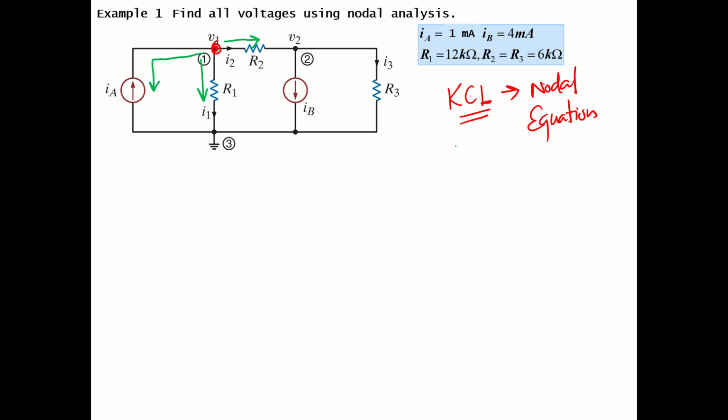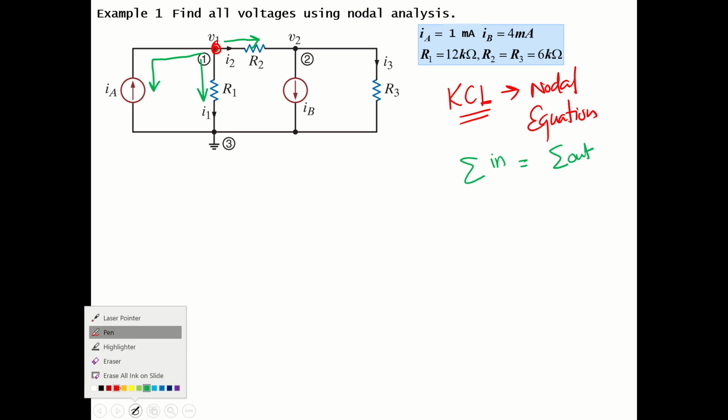Kirchhoff's current law says that the sum of the incoming currents is equal to the sum of the outgoing currents. So we will write this equation for every node.